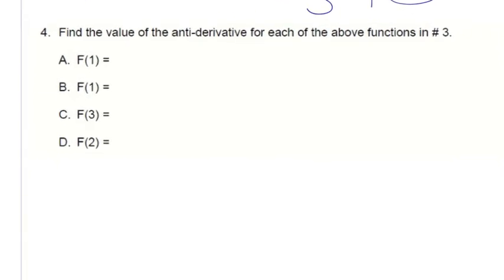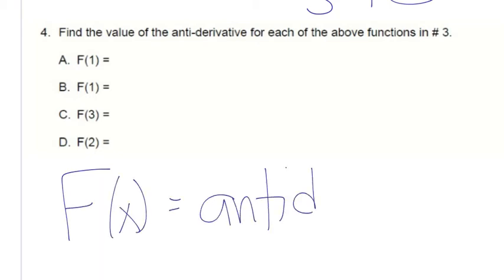Now number 4, capital F means antiderivative. So all number 4 wants you to do is take these x values, the 2, the 3, the 1, and the 1, and plug it into your answers from number 3.